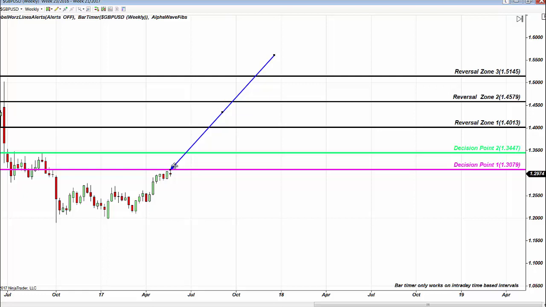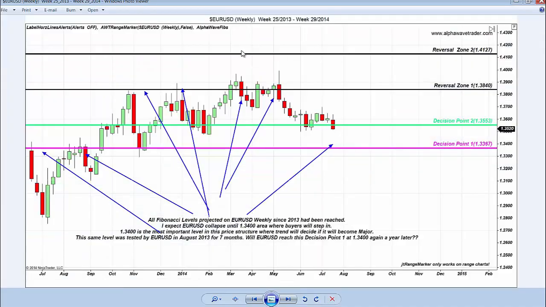Identical strategy is on S&P hourly. And just to remind you, walking down memory lane on Euro. Remember Euro at reversal zone in 2014? Crucial support on Euro weekly was 3400.